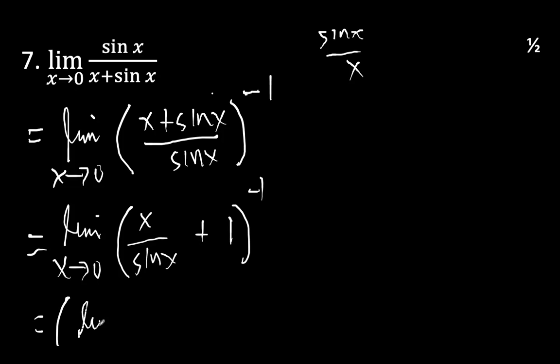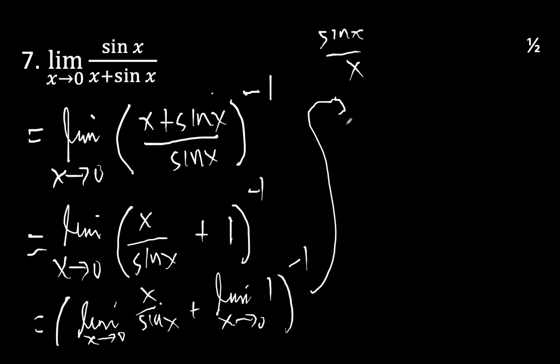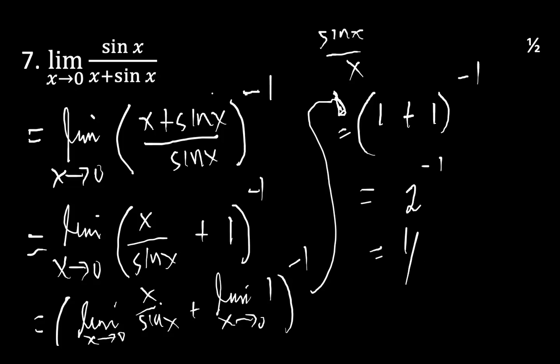So I have the limit of x over sine x as x approaches 0 plus the limit of 1 as x approaches 0, raised to negative 1. Let's take the limit term by term. The first limit is equal to 1 based on theorem number 1, plus the limit of 1, which is 1, raised to negative 1. So this becomes 2 raised to negative 1, which is 1/2. So the answer is 1/2.